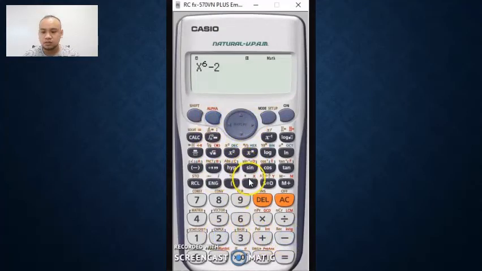X raised to 6 minus 2, x raised to 5 plus 3x raised to 4 minus 4x cubed plus 5x squared minus 6x minus 240 equals 0.